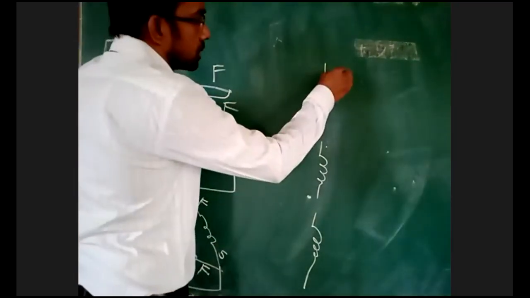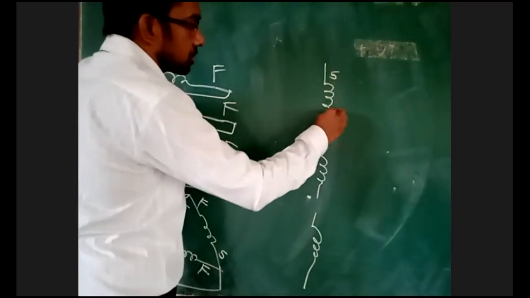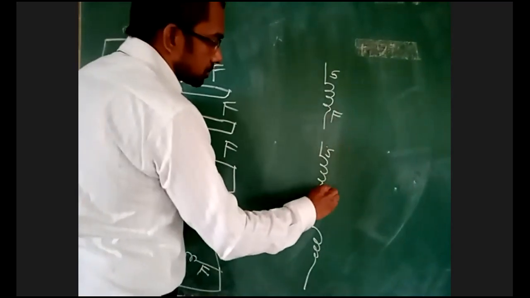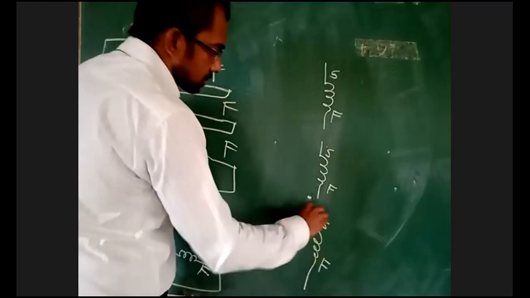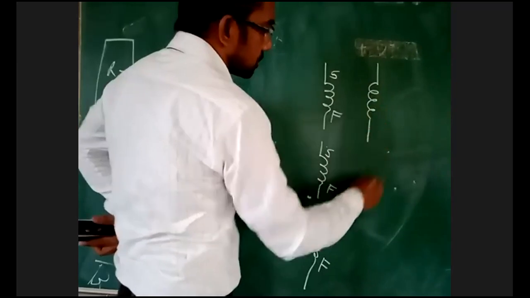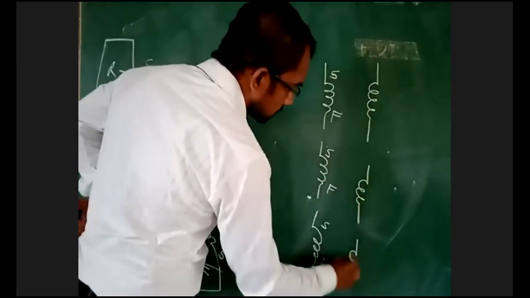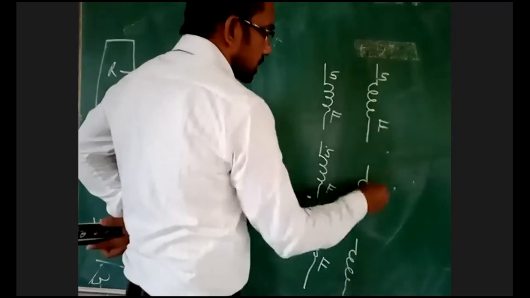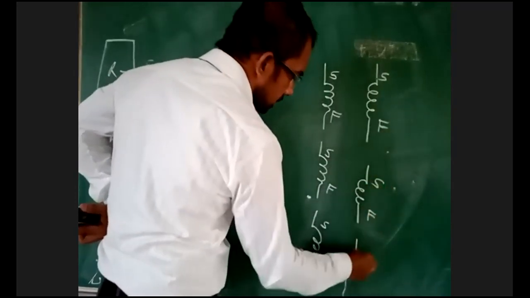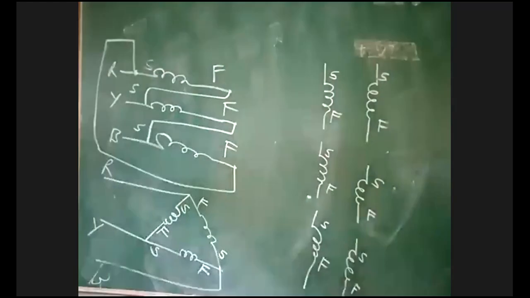Now let us take: this is the starting, this is finishing, starting, finishing, starting, finishing. Is it okay? Yes, sir. Similarly, I will take three windings on the secondary side: starting, finishing, starting, finishing, starting, finishing.